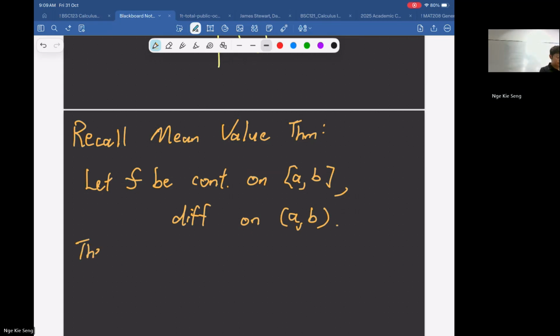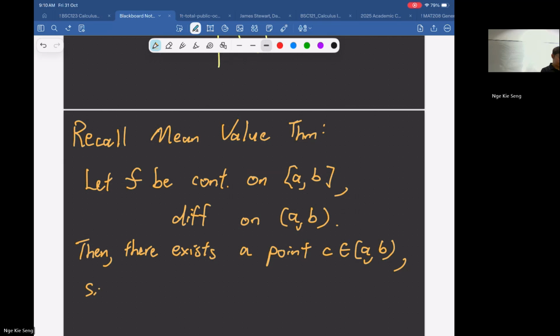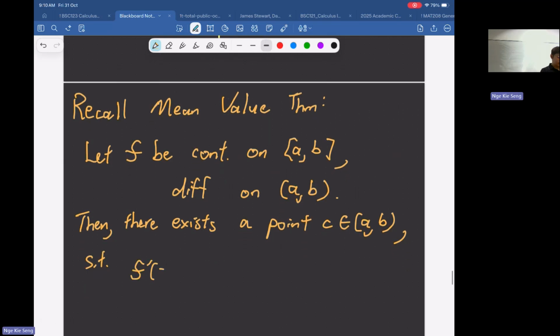Then you can find a point c within the open interval (a, b) such that the derivative at this point can be realized by the secant that joins (a, f(a)) and (b, f(b)).